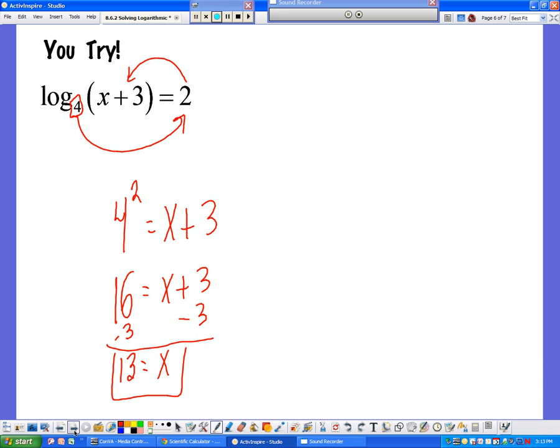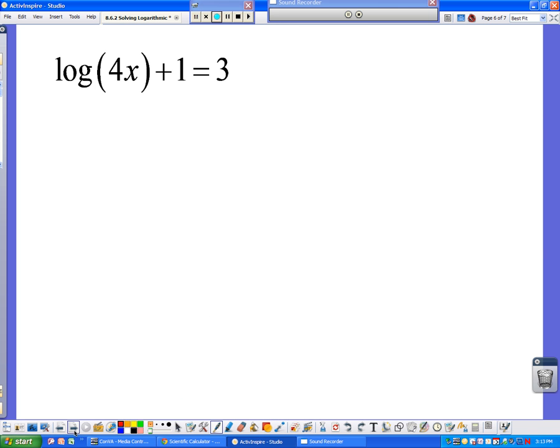Now remember, when we don't have a base on the equation, that it is a log base 10. So I would suggest whenever you have a problem like this, add that base in there so you remember. But also in this problem, the parentheses tell you that it's log of 4x. The plus 1, with it being outside the parentheses, you need to first of all solve it like you normally would and get rid of it.